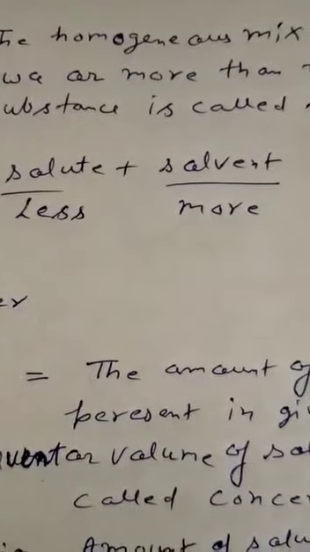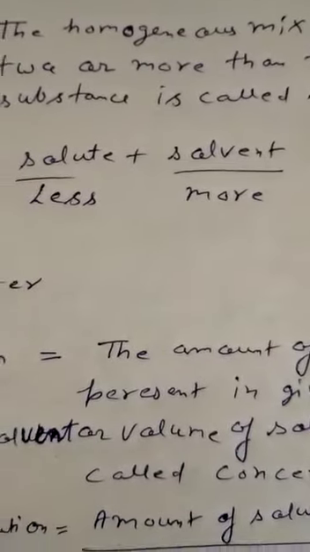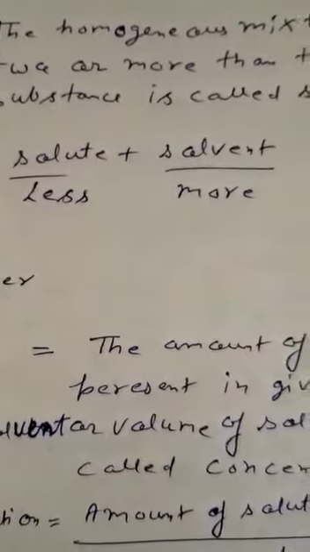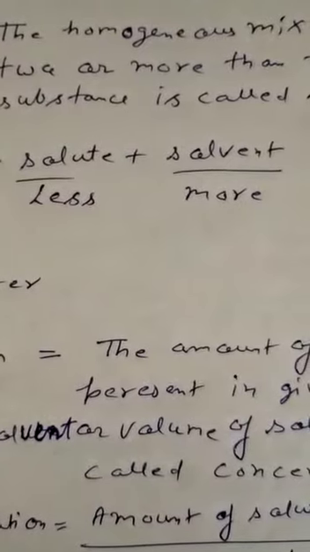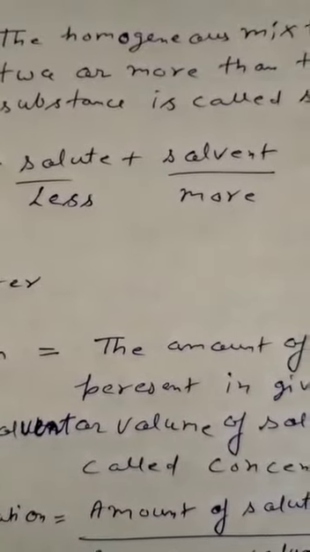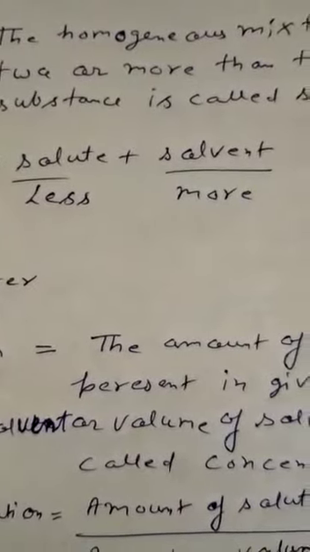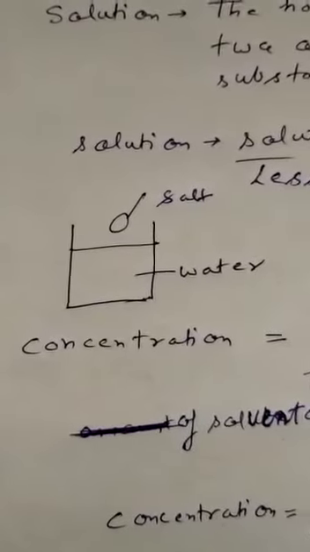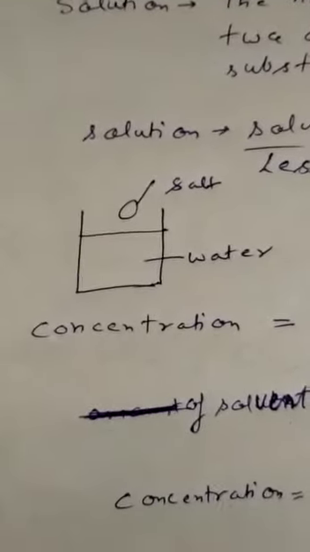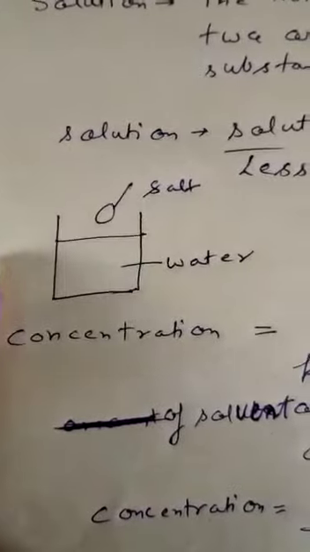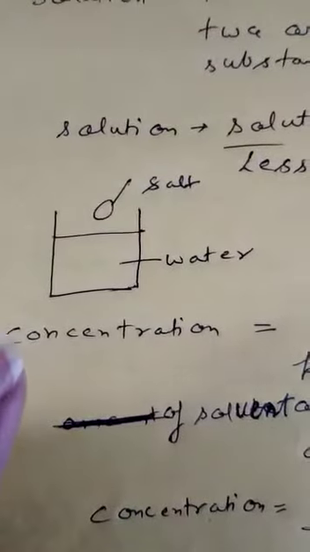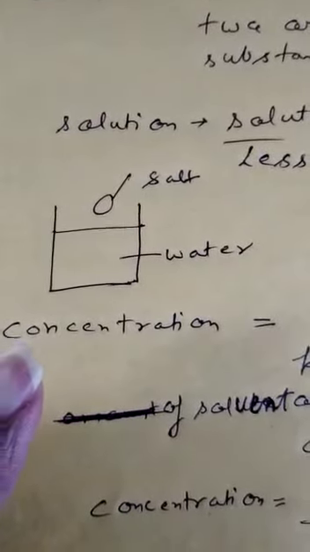Or generally we can say the substance which is dissolved is called solute, and the substance which dissolves the other substance is called solvent. For example, if we have salt in water, when salt is dissolved into water, salt is solute here and water is solvent.